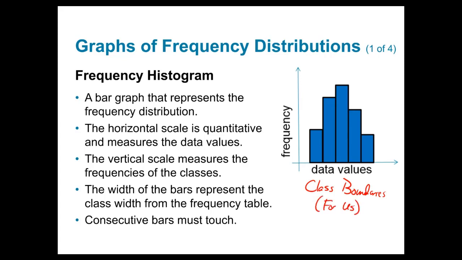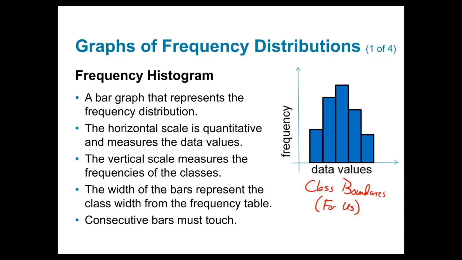We're always going to put the class boundaries along the horizontal axis. Now, if you're looking in your book or if you look at some stuff online, say you Google this, you might see some stuff that says use class midpoints. With technology especially, a lot of times it's going to try to use class midpoints. For us, we're always going to use class boundaries.